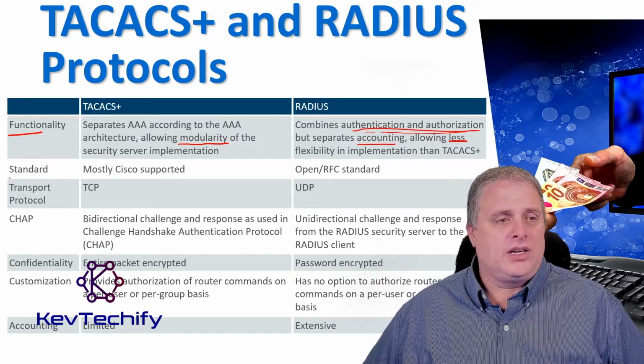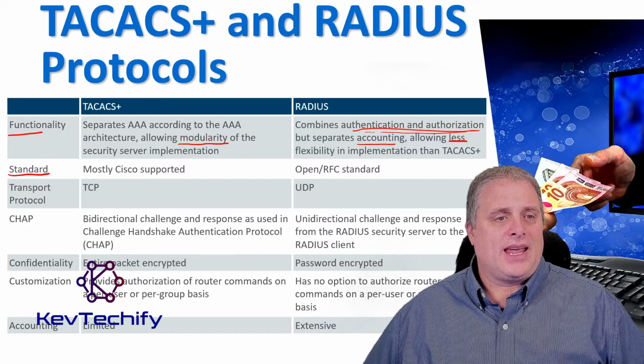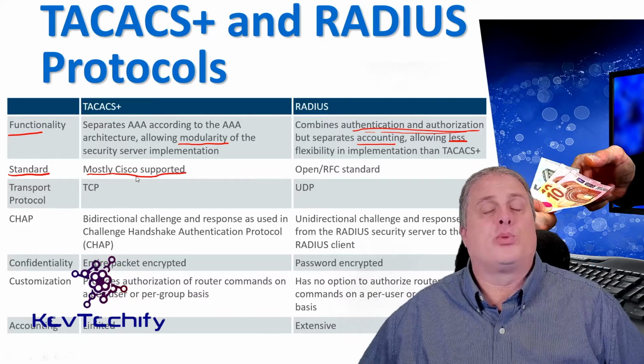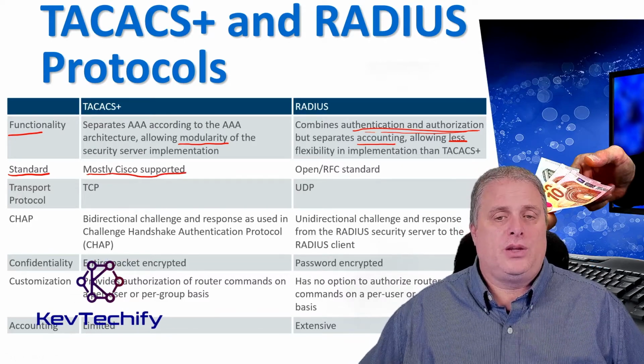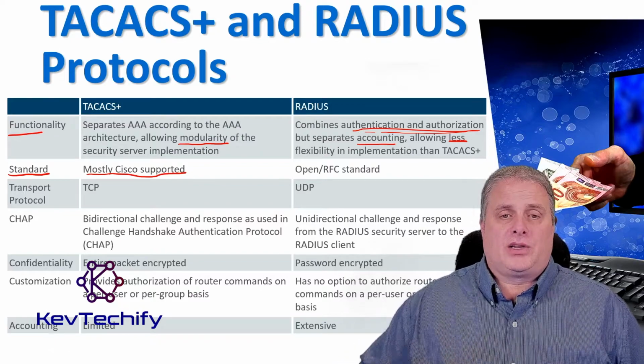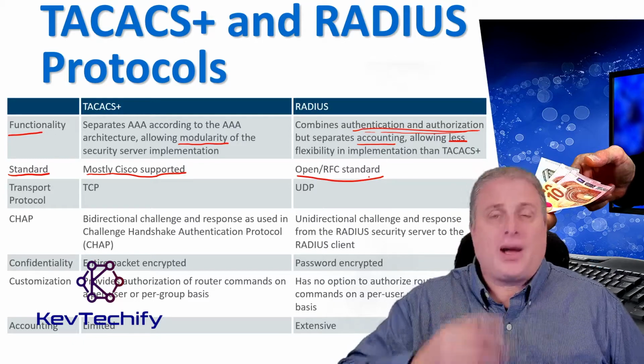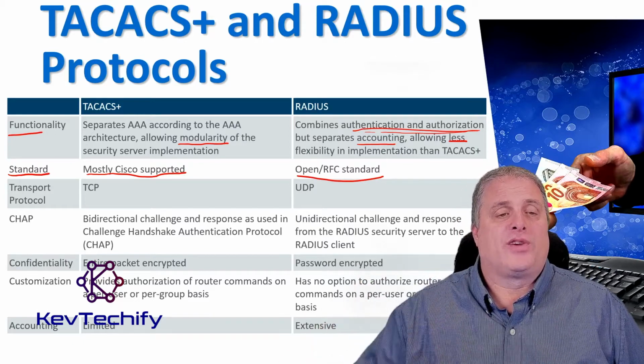Now, what standard does it use? Well, TACACS+ is mostly Cisco supported. That's Cisco's protocol they're hoping everybody uses. On the other end of the spectrum, RADIUS is an open standard. It's driven by RFCs, requests for comments.